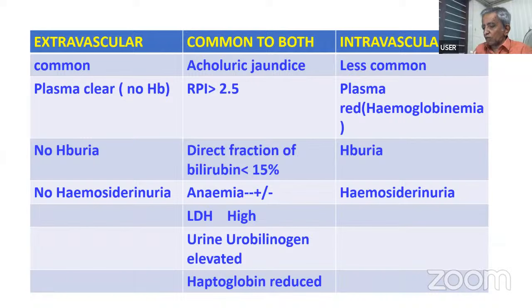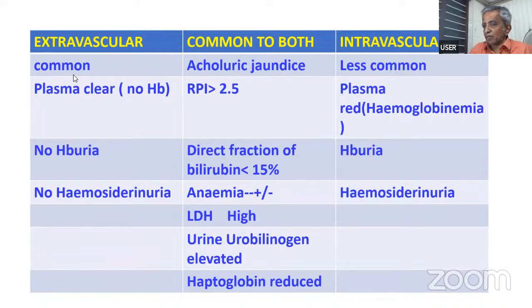So a normal haptoglobin can occur because, as somebody has asked, it is an acute phase reactant. Therefore, in a situation where there is some infection happening, it will be elevated. Even if there is hemolysis, it may not be low. That's a very good question. I think I answered. Now we come to extravascular hemolysis.